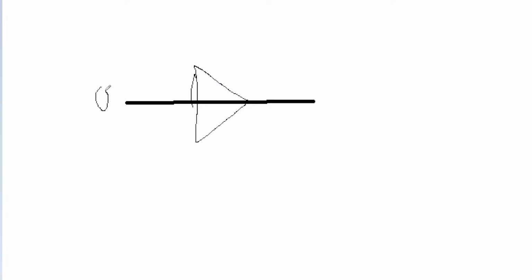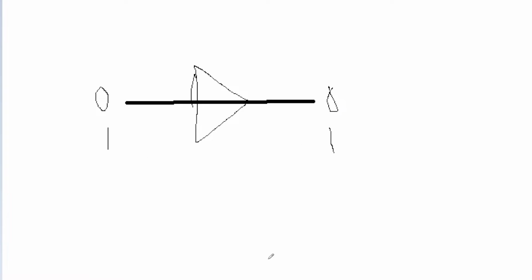So a buffer is just like this. What a buffer does: put in zero, it passes zero; put in one, it passes one as it is.